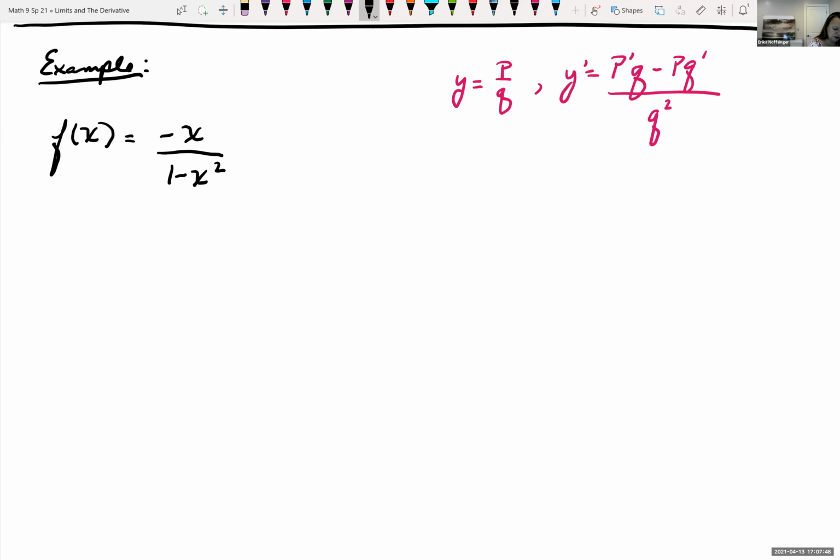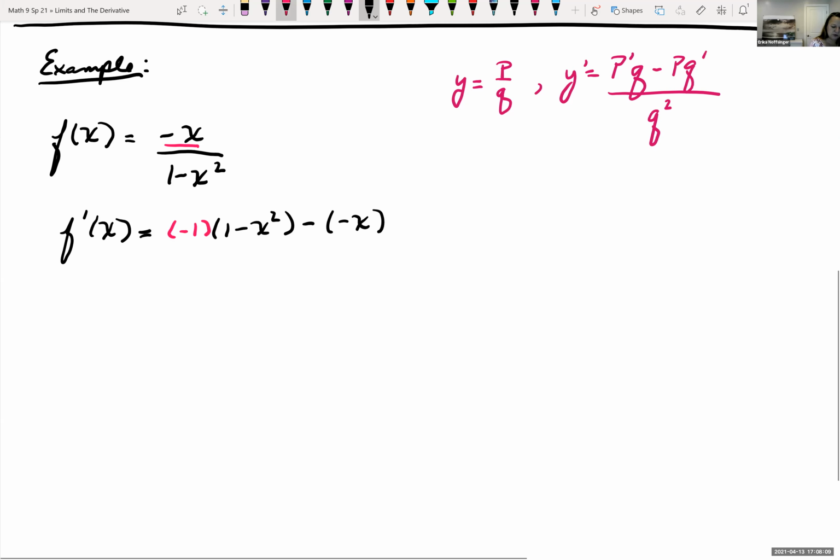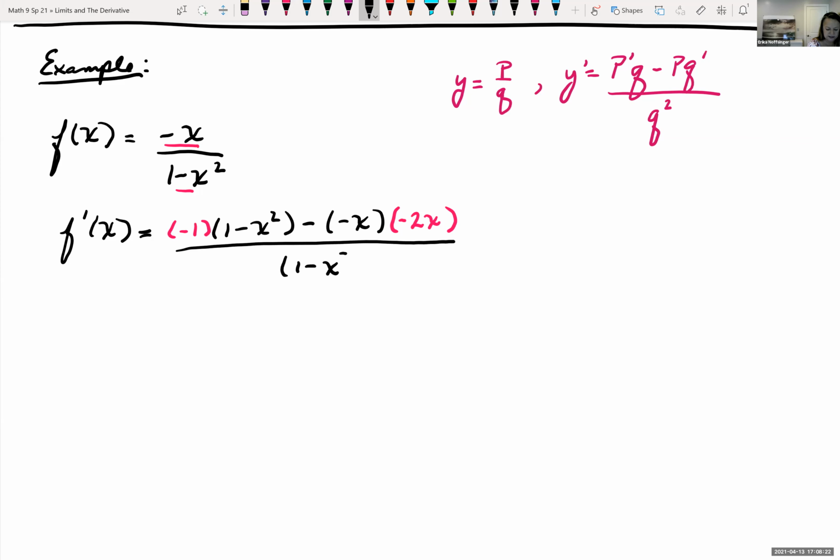Okay, so using that quotient rule, taking the derivative of our numerator is -1, all times our denominator, so put parentheses around that whole thing, 1 minus x squared, minus my numerator, which is -x, times the derivative of this denominator, and the derivative of that denominator is -2x. Put this all over that denominator, which is 1 minus x squared, that quantity squared.